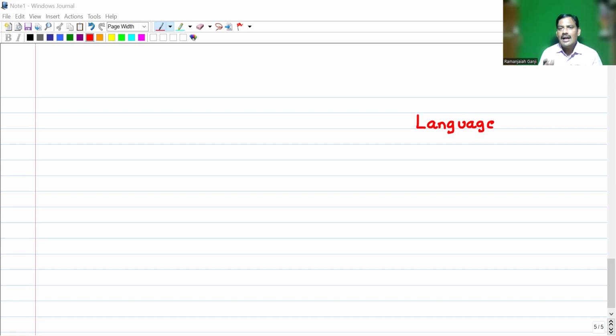Here, to learn a specific language, what do I require? I require characters, numbers, alphabets. Then I form words. Words are connected together to form sentences or statements. All those sentences are grouped into programs.